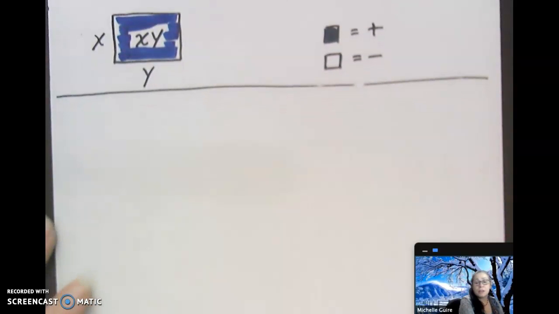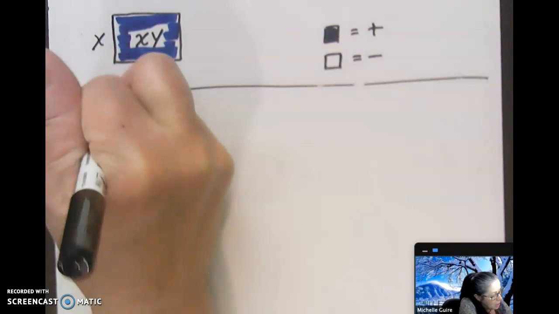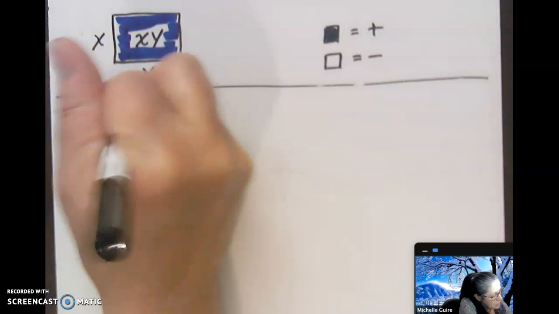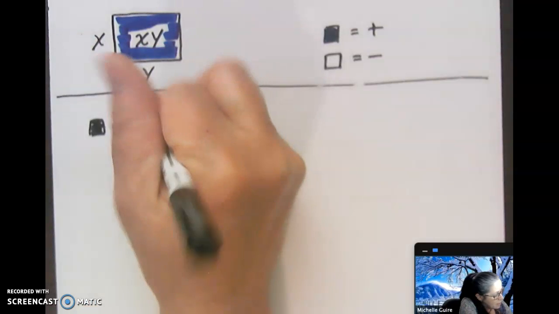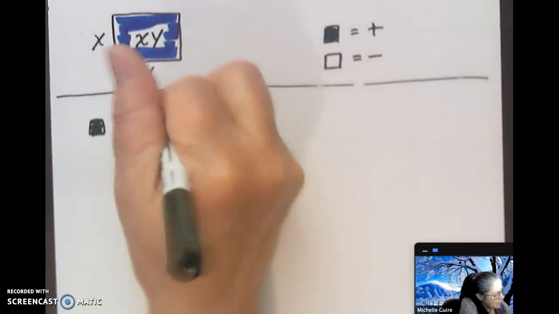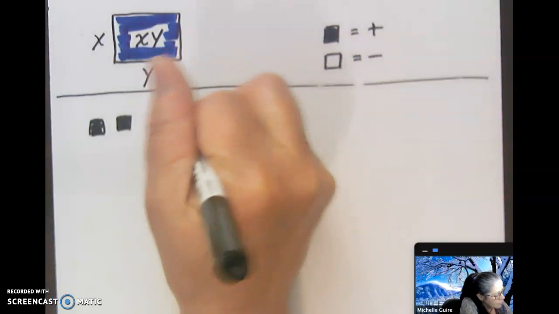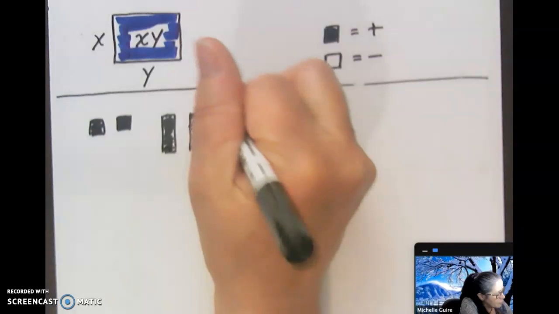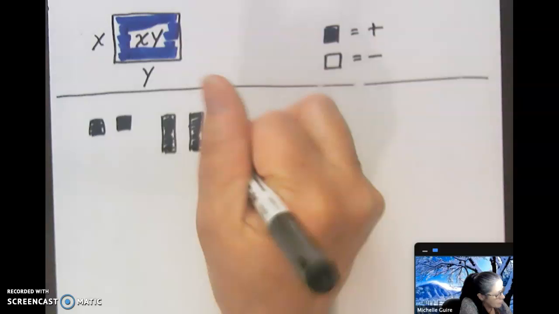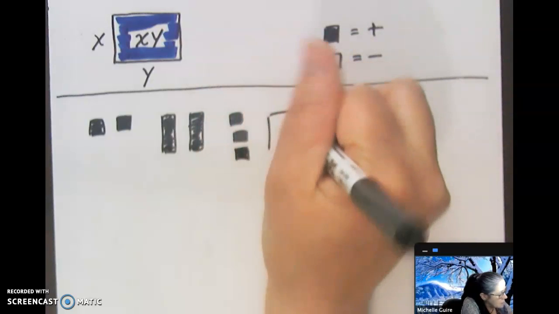And so we're going to go ahead and draw a unit tile, 2 unit tiles, an X, another X, an X squared.